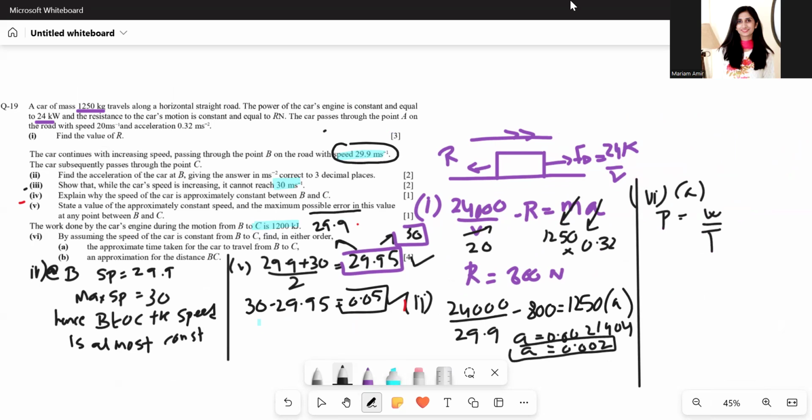Power is 24,000. Work done is 1,200,000 upon time. Divide these, get the time in seconds. We get 50 seconds.